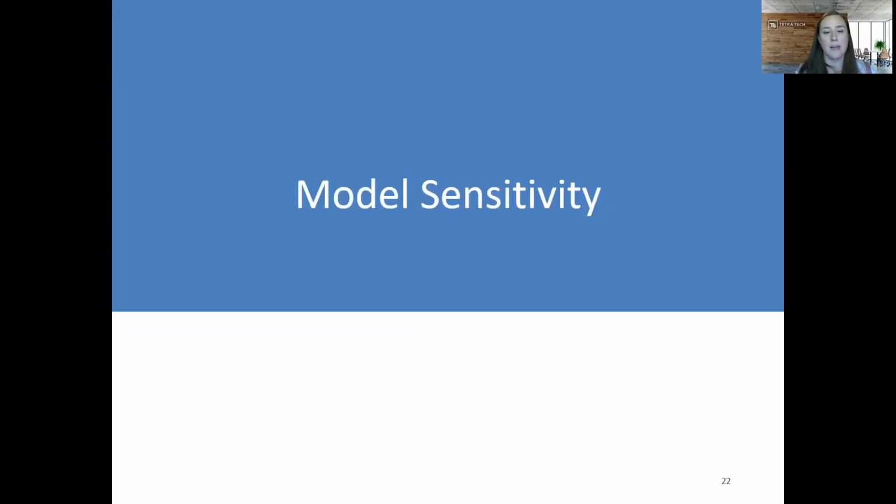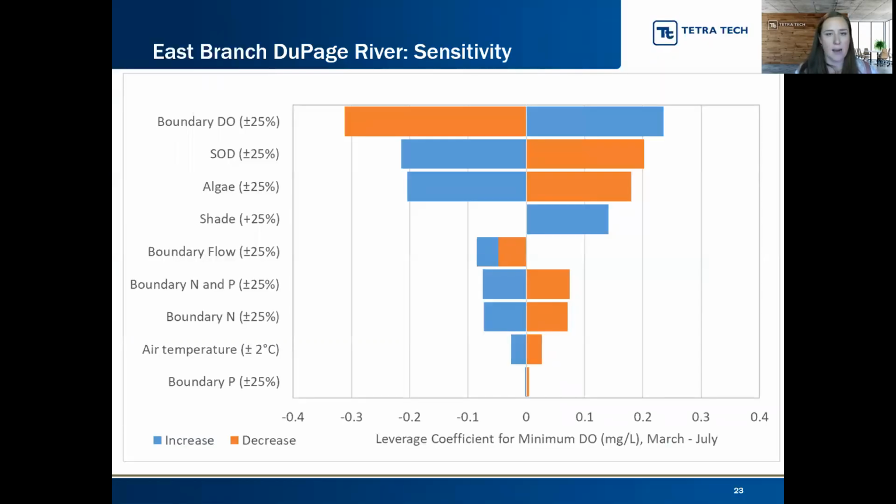Okay, model sensitivity. This is helpful to look at, but warning, crazy to look at. This is a tornado diagram, and you don't have to know exactly how to read it. What I wanted to zoom in on is that the items at the top of the graphic represent parameters that the model was most sensitive to when looking at what we could change to influence minimum dissolved oxygen concentration.